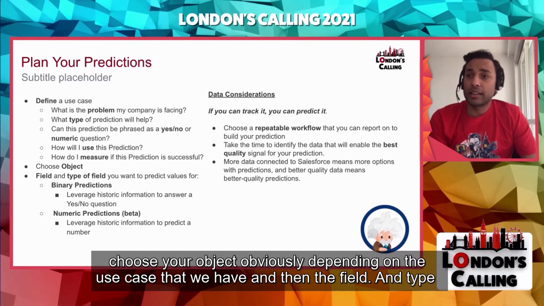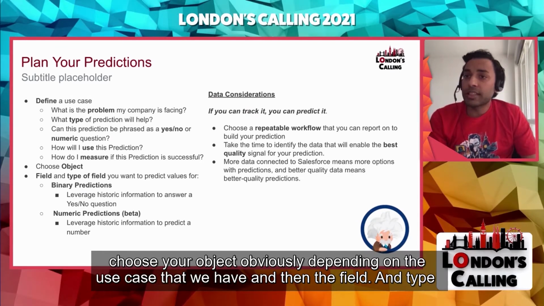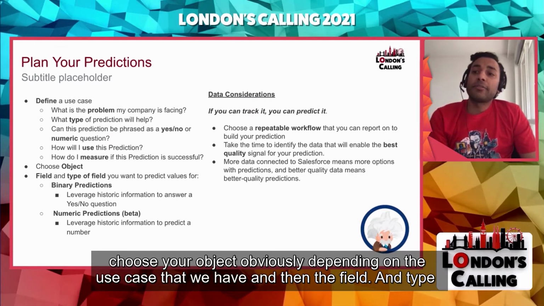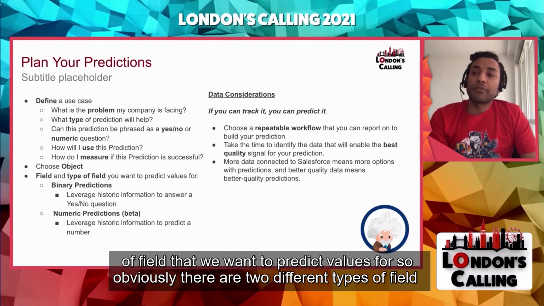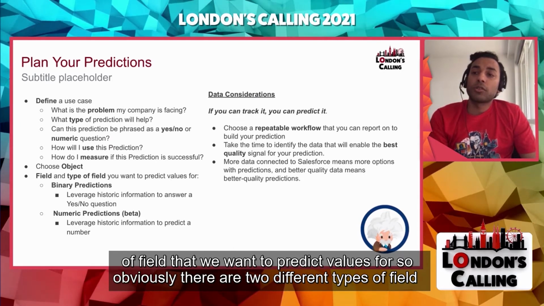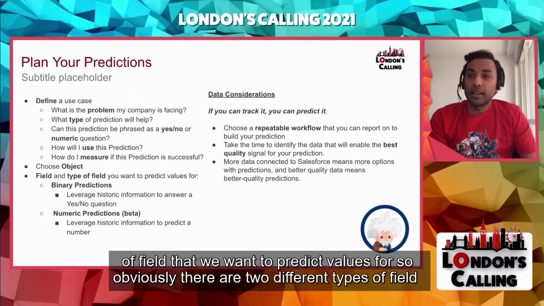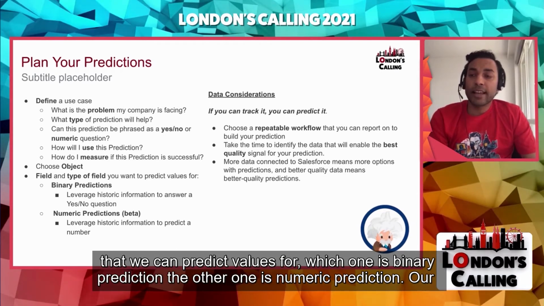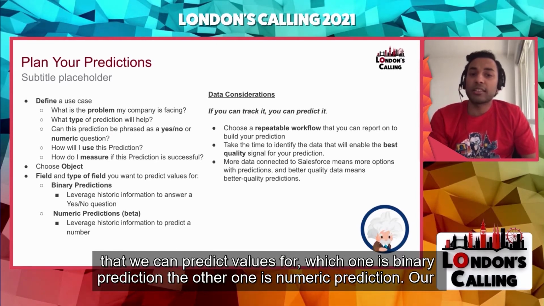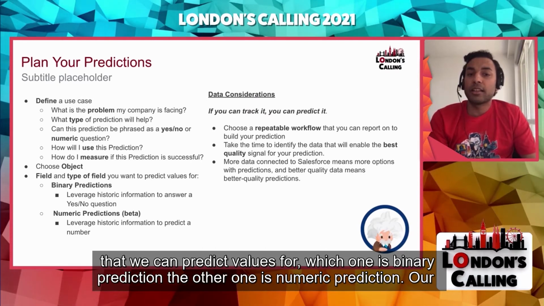Choose your object, obviously depending on the use case that we have, and then the field and type of field that we want to predict values for. There are two different types of field that we can predict values for: one is binary prediction, the other is numeric prediction.